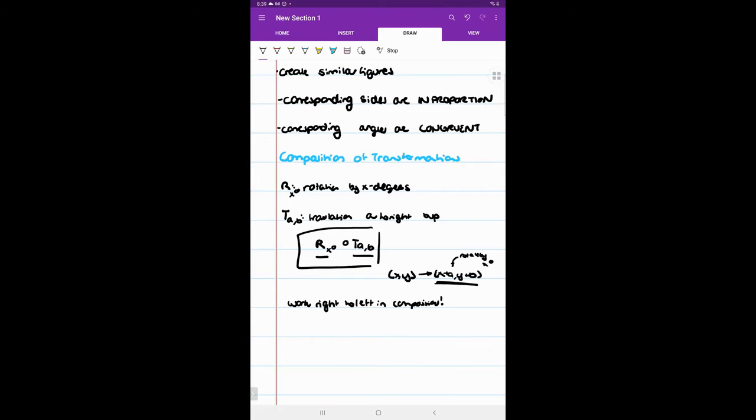They're commutative, but not all. For example, rotation and translation are not usually commutative. Two rotations are, for example, what I was saying before, rotating 270 degrees is the same as rotating 90 degrees 3 times. So that would be rotating 180 degrees and then 90 degrees, or rotating 90 degrees and then 180 degrees.